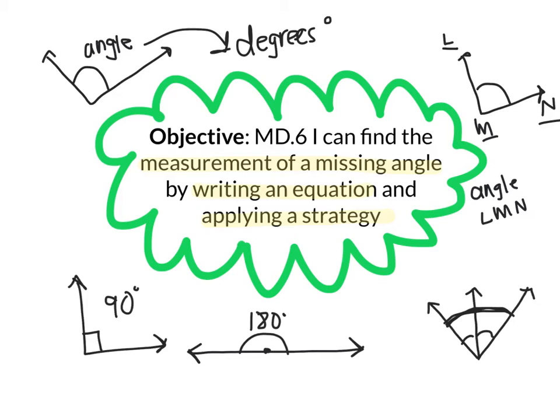And that helps us read angles. We are going to use everything that we've learned about angles in the past and everything that we've learned in our last video to solve this next question.